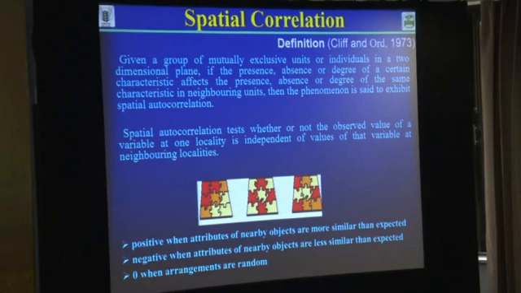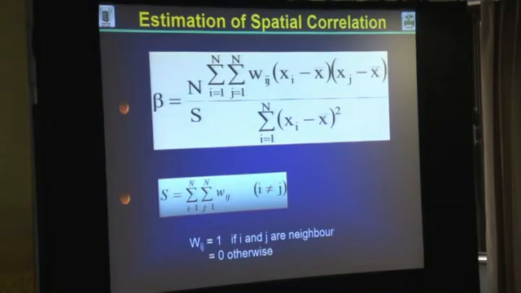So without going into details of spatial correlation, we can just see we have positive, negative, and no spatial correlation as the figure shows. And the basic formula for spatial correlation is shown on this slide.